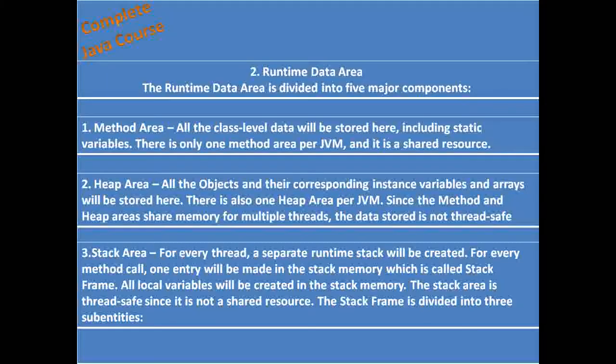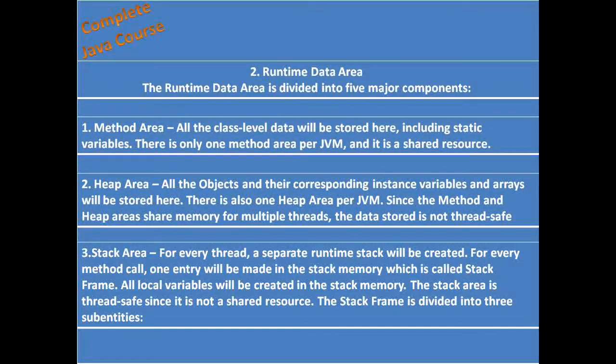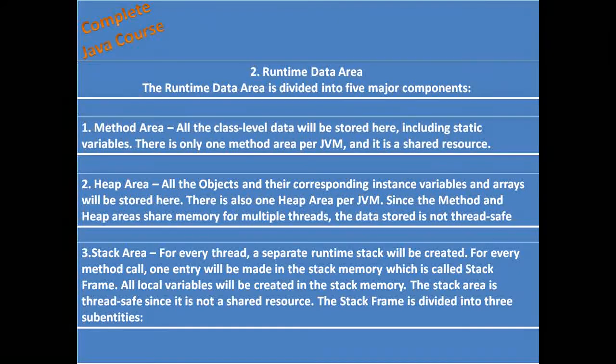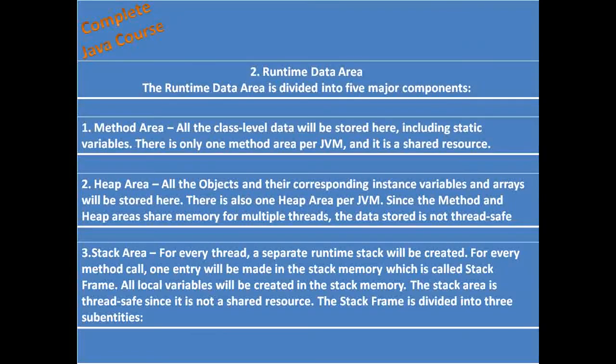So in the stack there are multiple frames. Whatever instructions are executed in the method, those instructions, variables and all the information are stored one by one in the frames. All local variables will be created in the stack memory. The stack area is thread safe since it is not a shared resource.